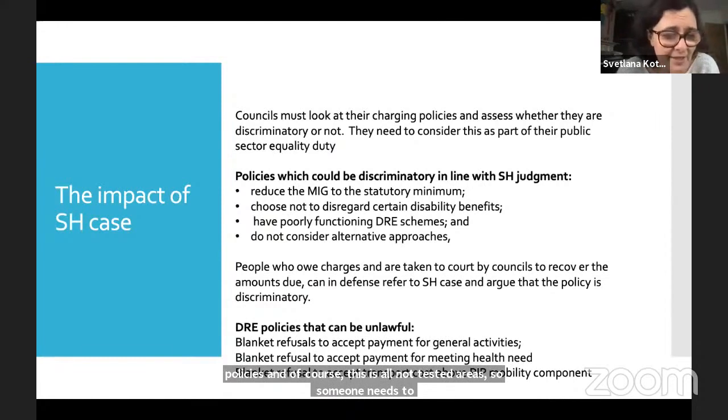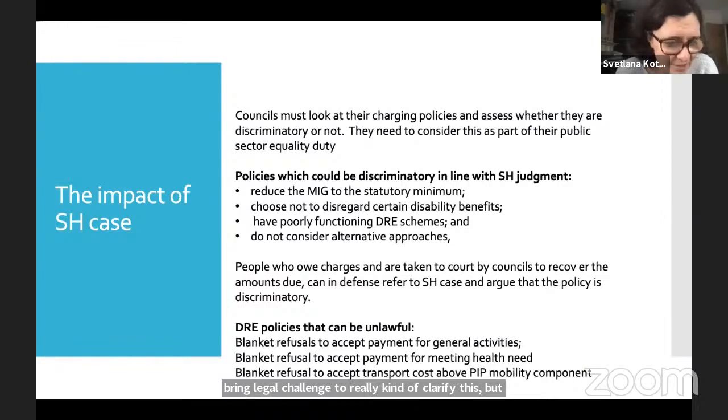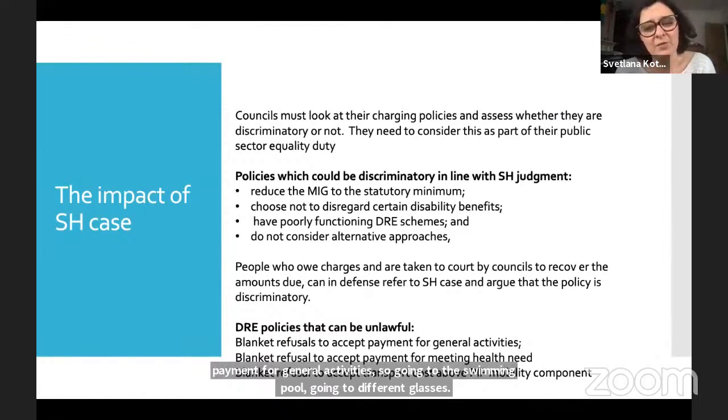But they said that some DRE policies might be discriminatory. Things like blanket refusals to accept payments for general activities, so going to a swimming pool, going to different classes, if there is a link, especially between the well-being of a person and those activities.